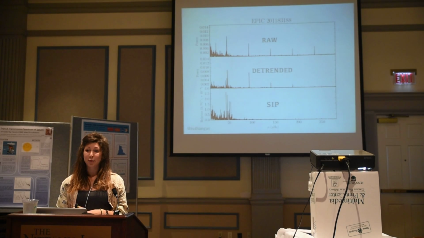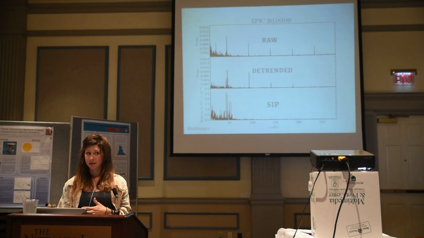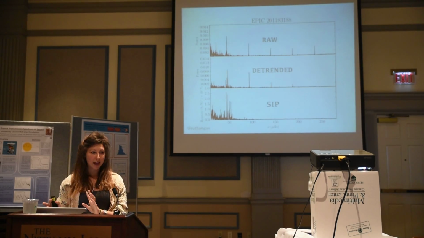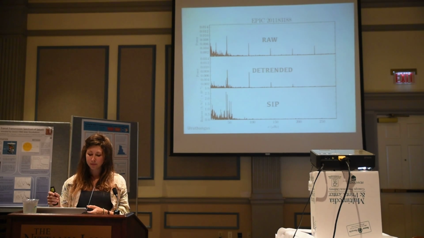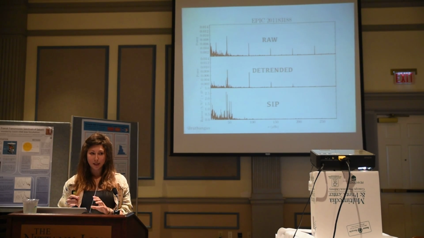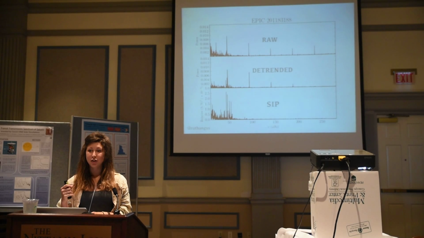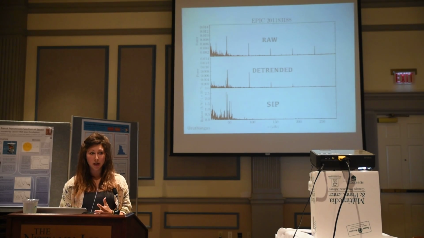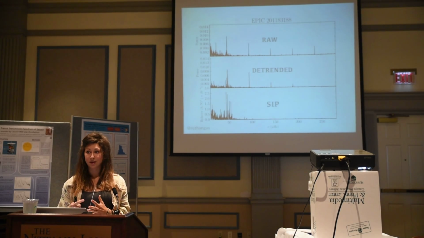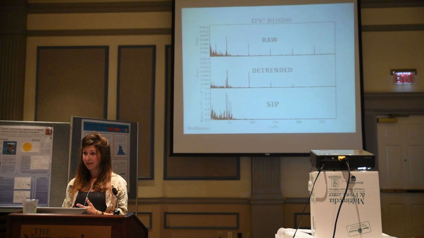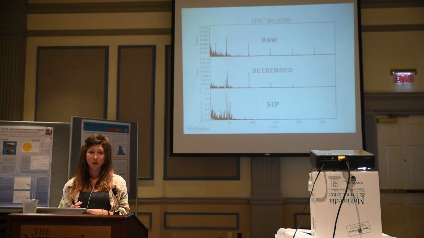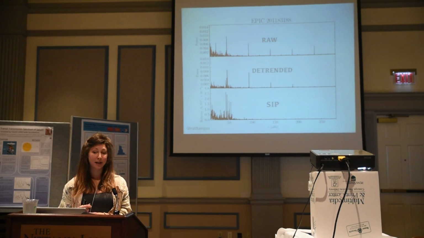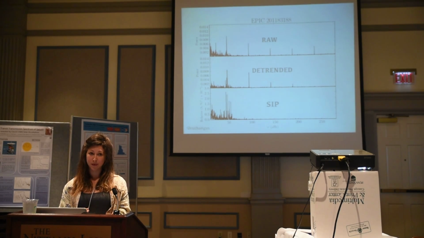But if you're interested in preserving stellar variability, you might want to think more carefully about what you're doing. The SIP is the bottom panel, and it shows very, very clear giant acoustic oscillations. This is a red giant star in K2 campaign 1, which we're able to pull out the oscillation modes for.